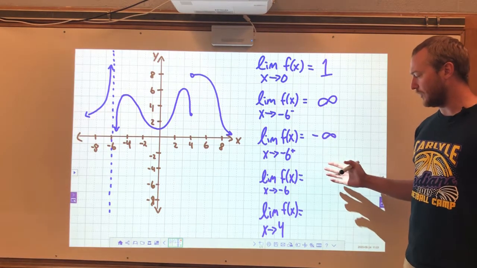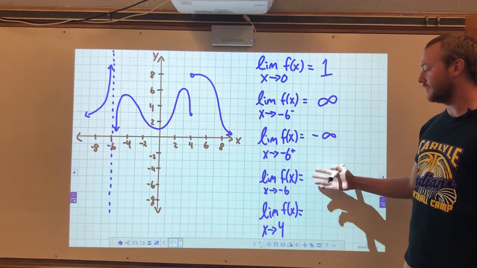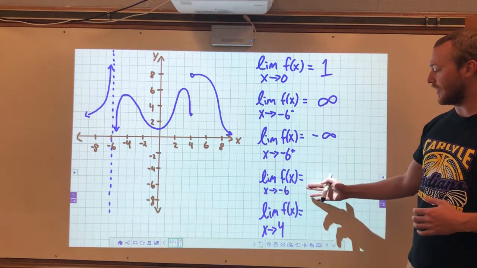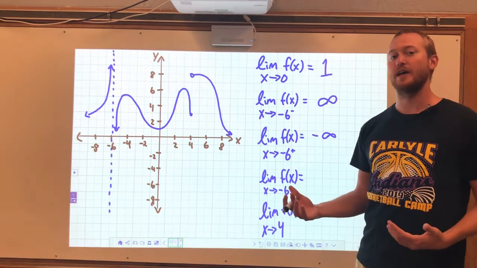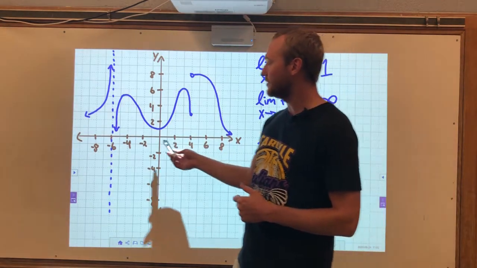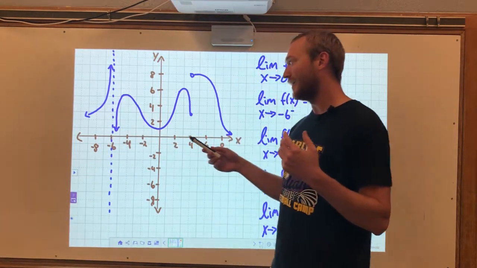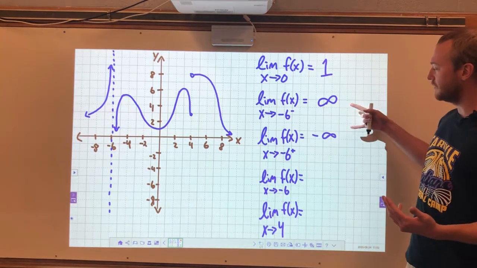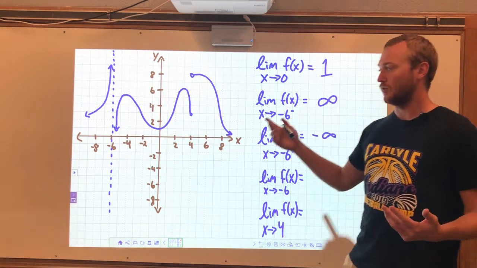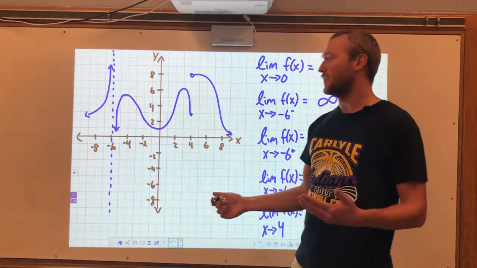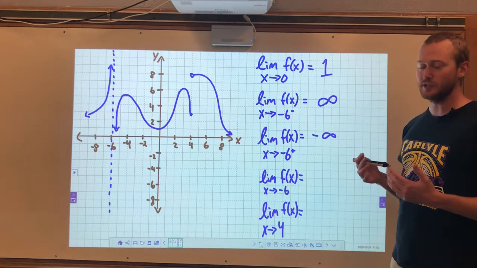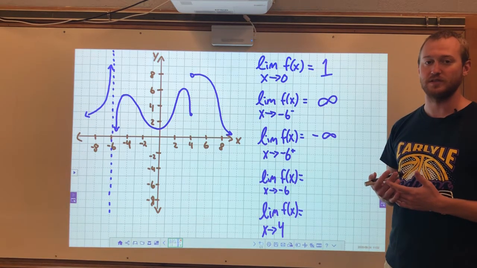And now the point we're really trying to drive home with this is for this next one, the limit of f of x as x approaches -6. Here we're not specifying from the left or right-hand side, we're just saying -6. What's happening as we get closer and closer to -6? Well, it's nice that we did these two first, because we can either use these two answers, or just look at the graph, and we can see that depending on which way you're coming from, left-hand side or right-hand side, you're approaching different values as you approach -6.